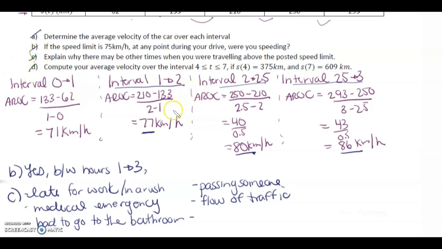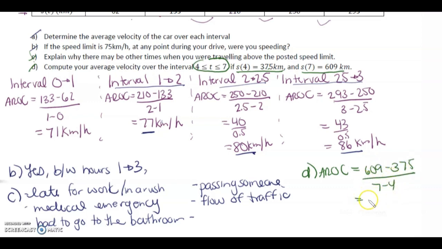Now, D, compute your average velocity over the interval 4 to 7 if S at 4 equals 375 and S at 7 equals 609. Okay, so D, we're going to go average rate of change equals 609 minus 375 over 7 minus 4.